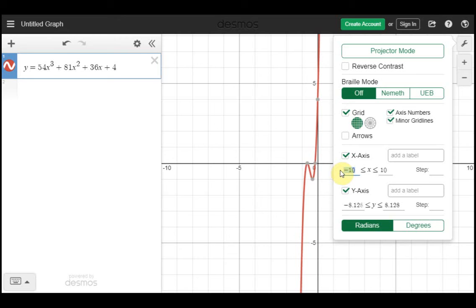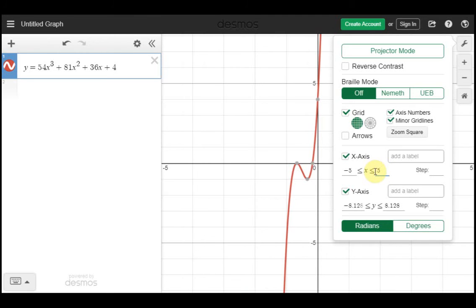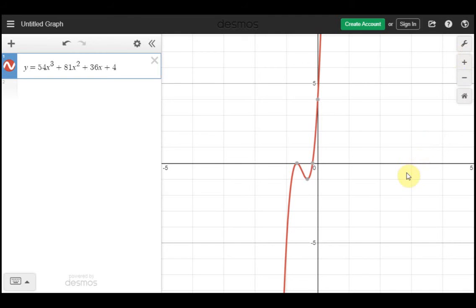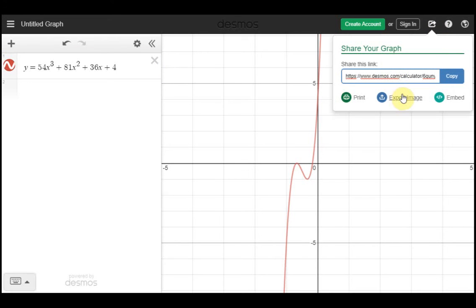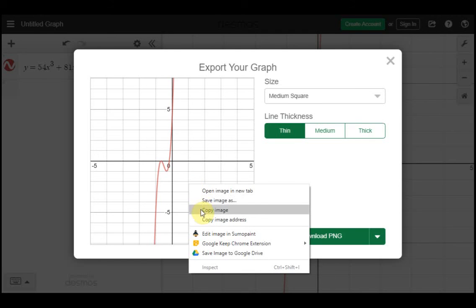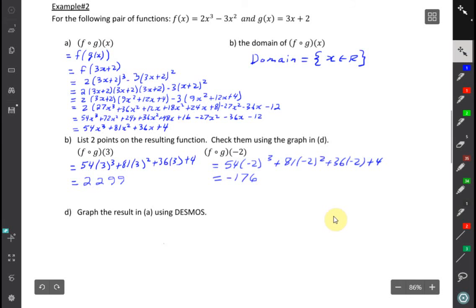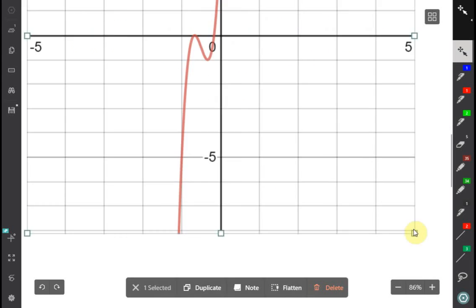Let's go from minus 5 to 5. And there, that's a good view of that graph. And I'll copy it and put it into the document. Putting our graph in.